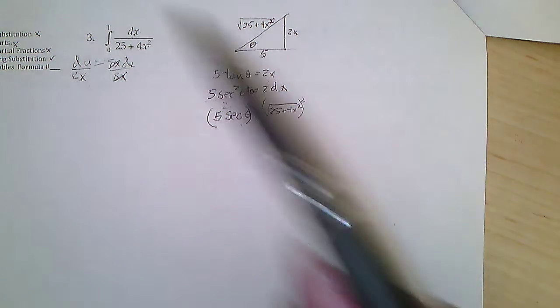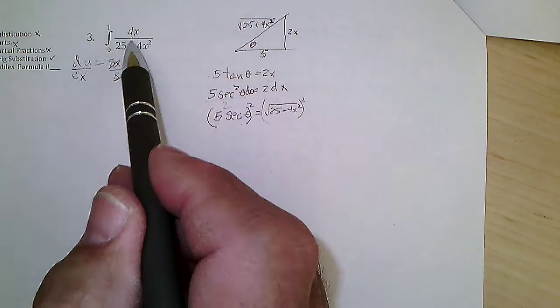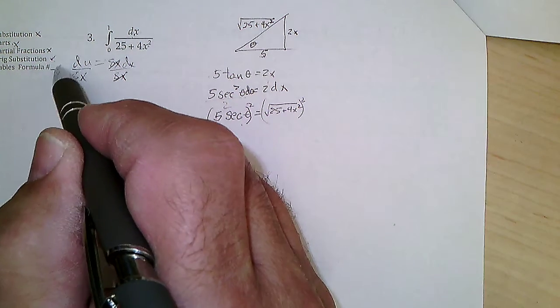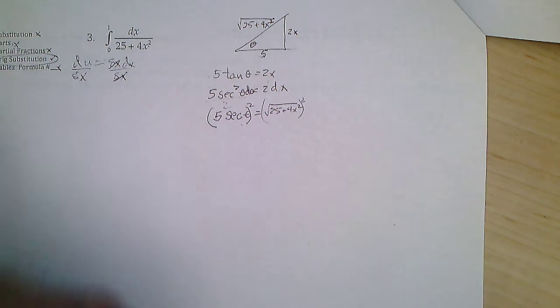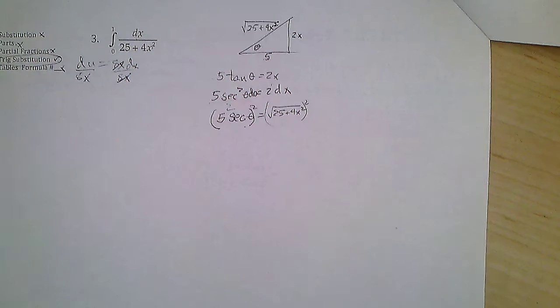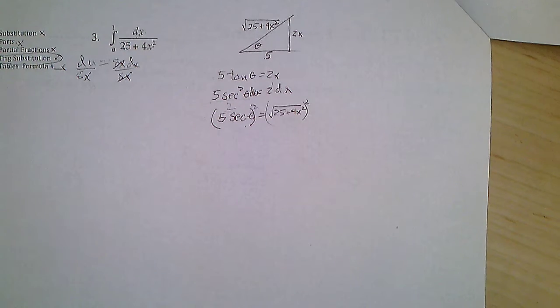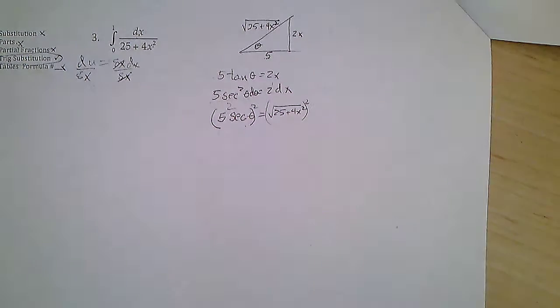So that's the trig sub. Tables, formulas, we don't have them for this. So this one's really kind of restricting me here. It's saying we probably need to do this one with trig sub. Now there's other ways to do it, but boy, this one really says do trig sub on me.